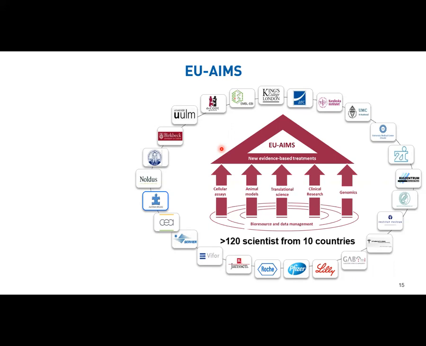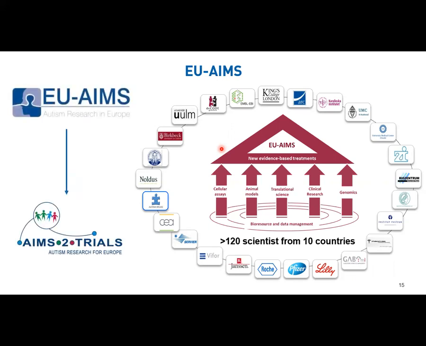And we also understand that recruiting a large sample of a patient group is challenging, because maybe in one country that's small, there are not so many ASD people. So to overcome this challenge, it requires us to collaborate with each other. There is a program called EU AIMS, the EU Autism Research in Europe. And now this is already in the second funding phase, where it changed to another name, called AIMS 2 trials, but that doesn't matter.